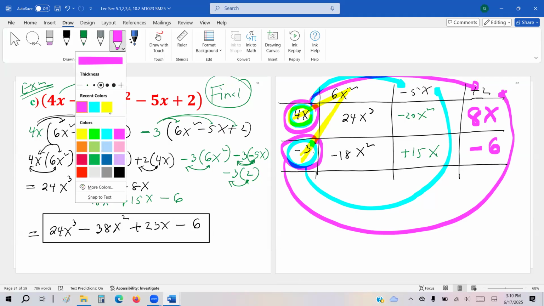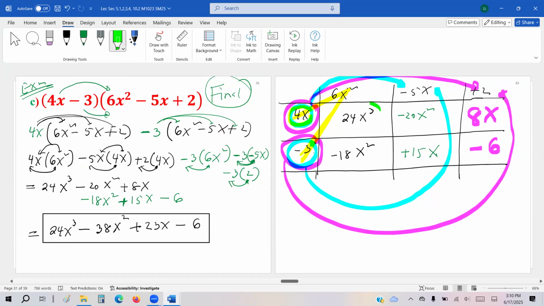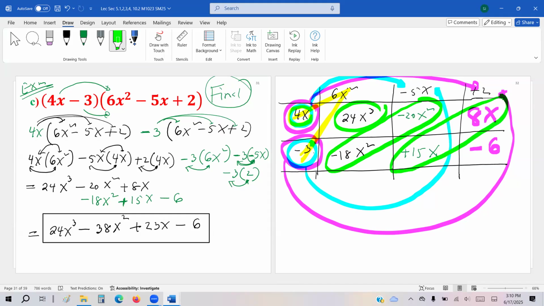And then you combine like terms. Only one x cubed, there is no more x cubed. And then you have the x squared terms, the x terms, and then negative 6 is alone. So you just combine the like terms. The answer is 24x cubed, because this is alone.